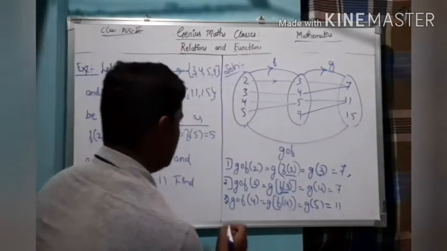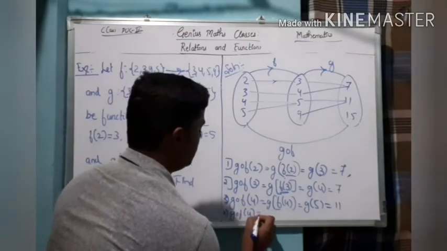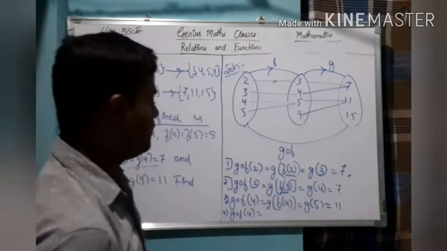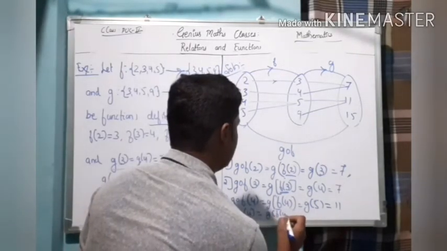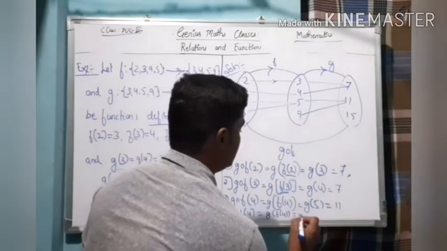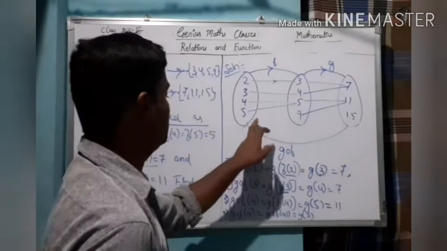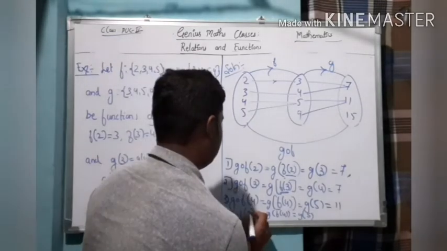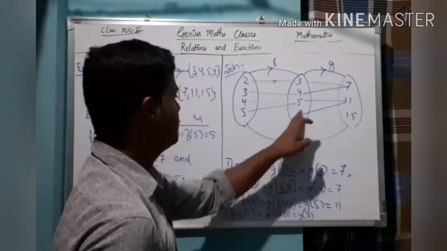And the fourth one is g∘f of 5. It is g of f of 5. The f of 5 value is 5.